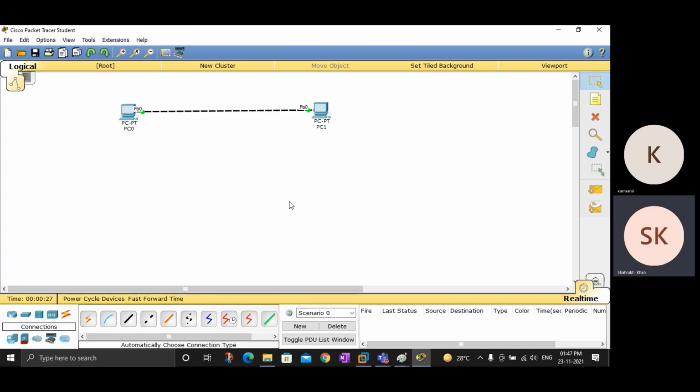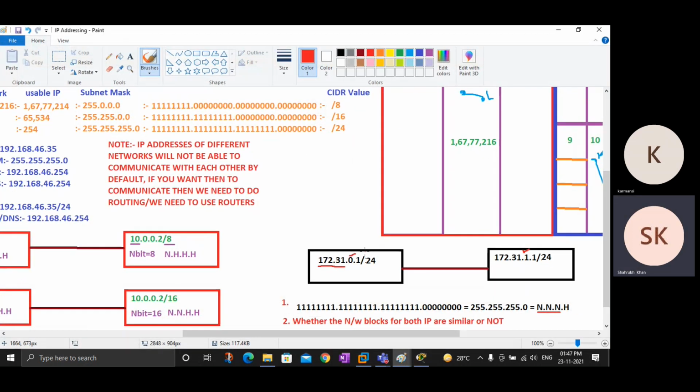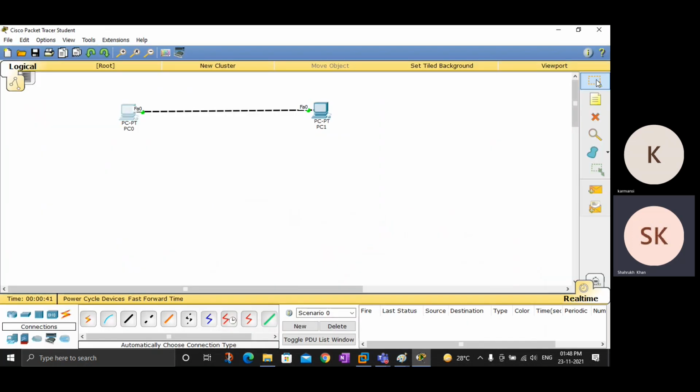So they're connected. Next, I want to assign IP addresses on both of these. I'll be using these IP addresses: 172.31.0.1, this time /16, and 172.31.1.1, and again /16. Let's assign these IP addresses in the system.